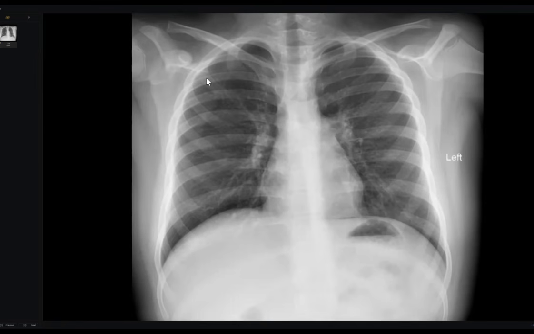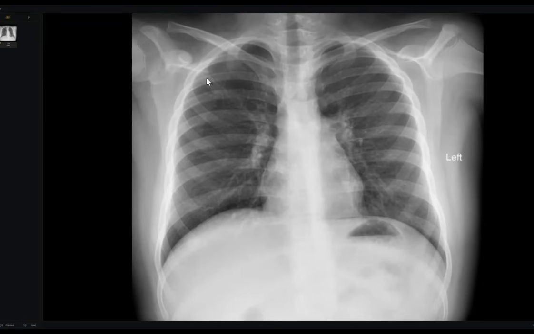There is no evidence of any air lucencies adjacent to the right heart margin. There is no subcutaneous emphysema. I would like to see it in any other view if available. I'm trying to look for pneumothorax.